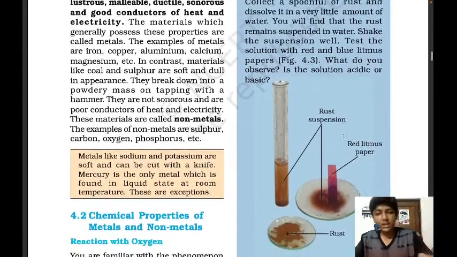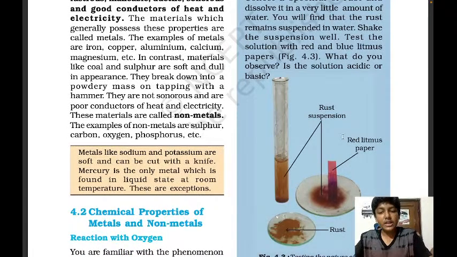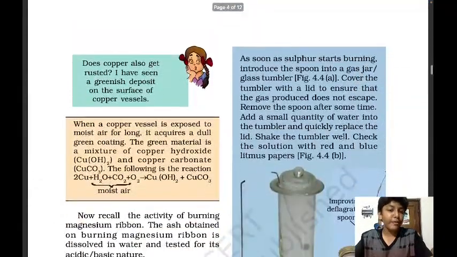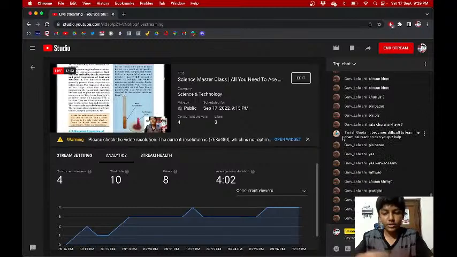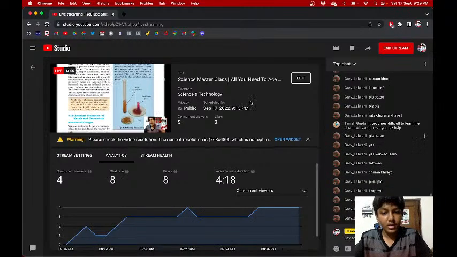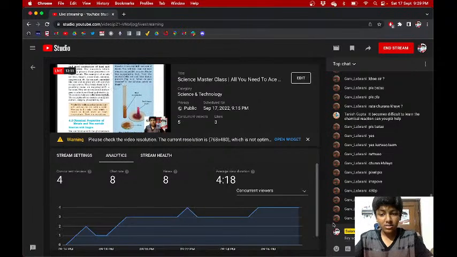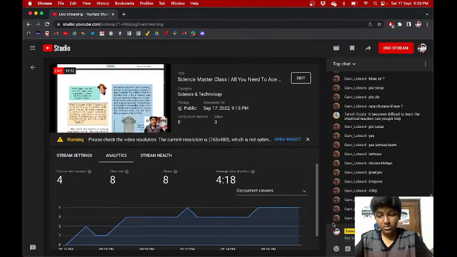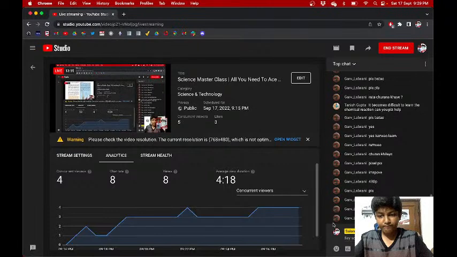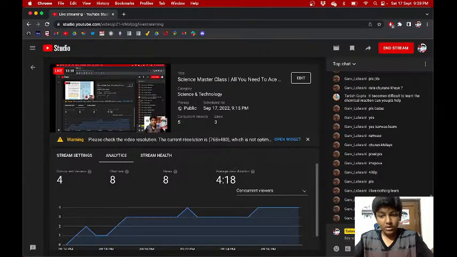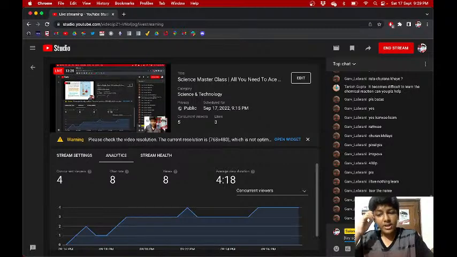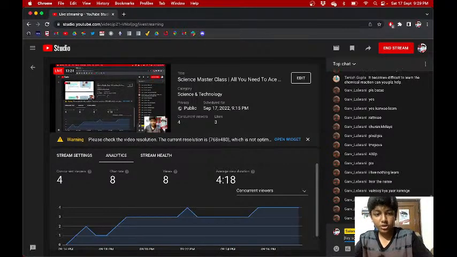So can anybody answer if the rust solution is acidic or basic? Can anybody please answer in the chat?